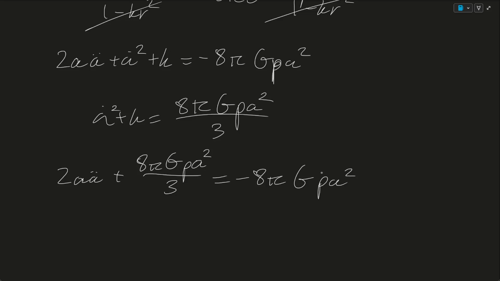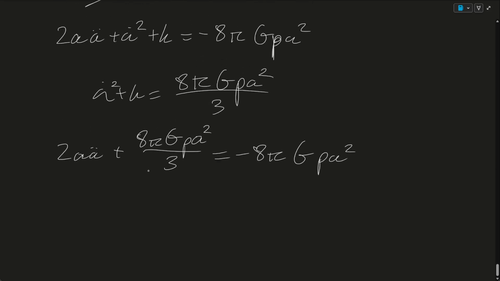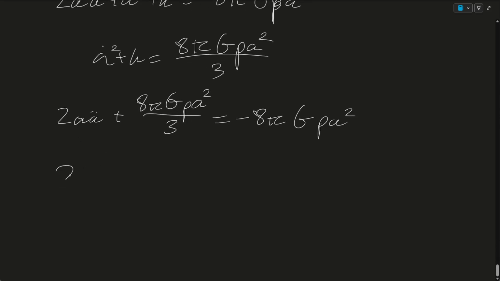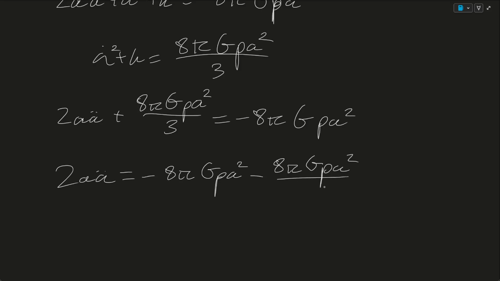We can get rid of a factor of a from each side, or rather I'll move this to the other side first. 2a double dot is equal to minus 8 pi G p a squared minus 8 pi G rho a squared over 3.